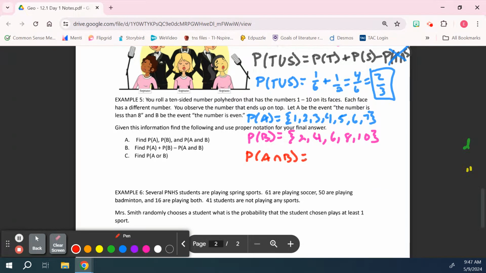So the question here is, between these two events, is there anything common? What matches? 2, 4, 6. So here 2, 4, and 6 match, because I find that here, I find that here, and I find that here.